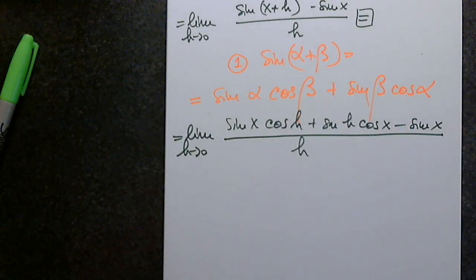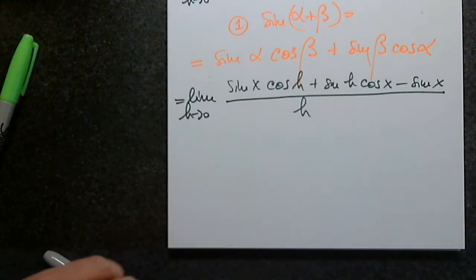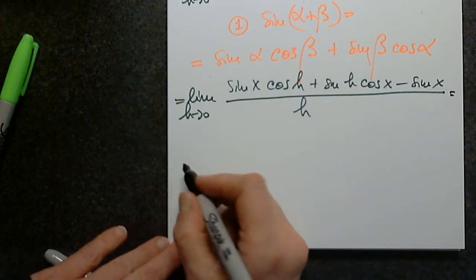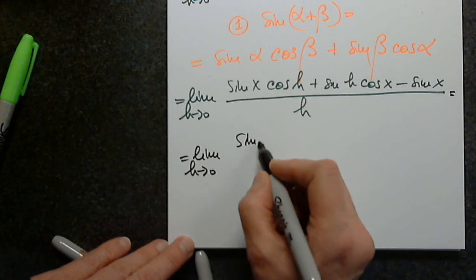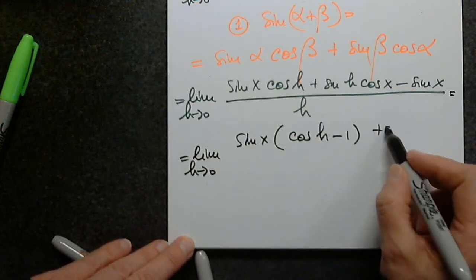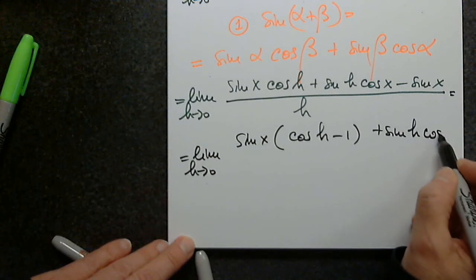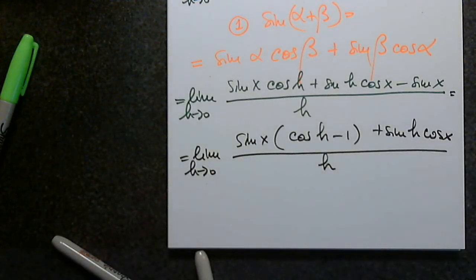I can factor out from two of those, not from all. So I could factor out something from two of those. Perfect. Sine x times cosine h minus 1, plus sine h cosine x, divided by h.